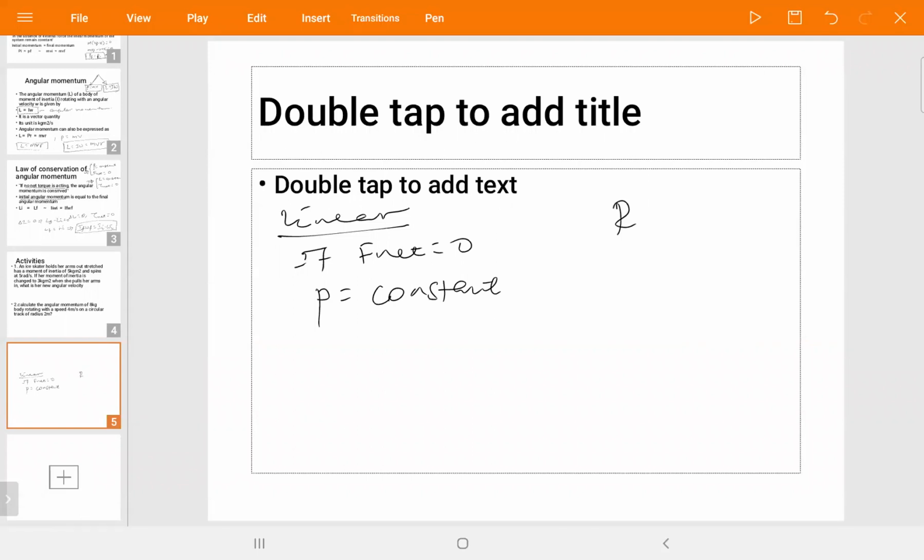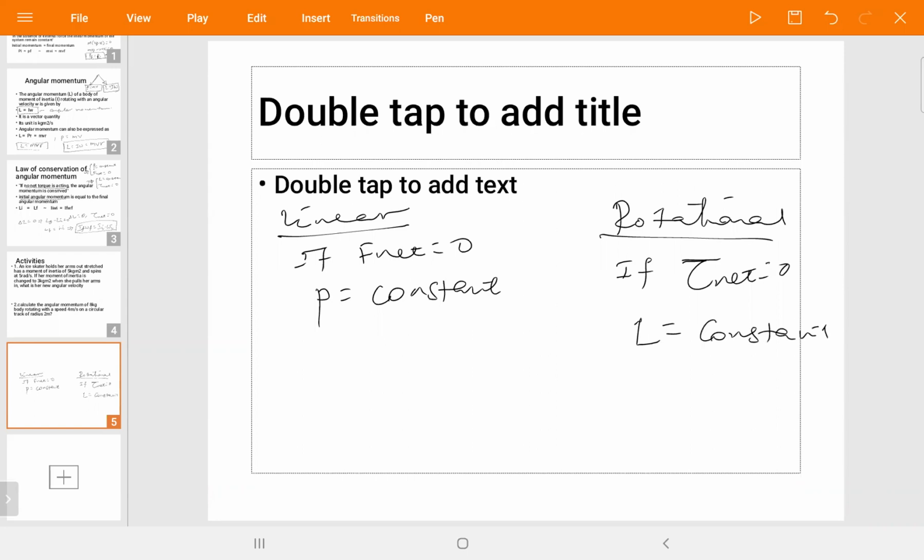And for rotational motion, if the net torque is zero, if there is no turning effect on a body or on a system, whether the body is in motion or not, that will not be our interest. But if there is no turning effect, then the angular momentum becomes conserved or constant.